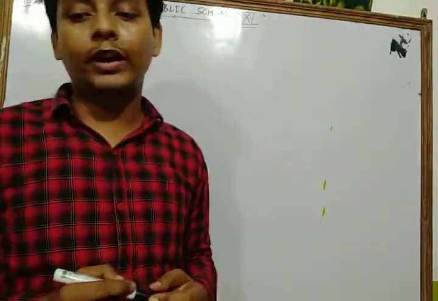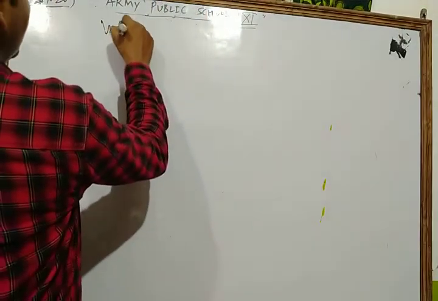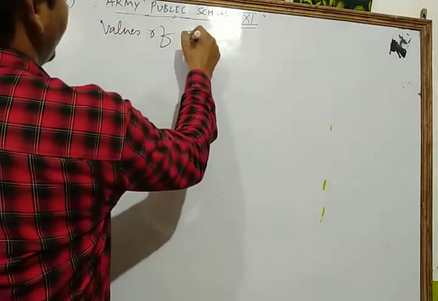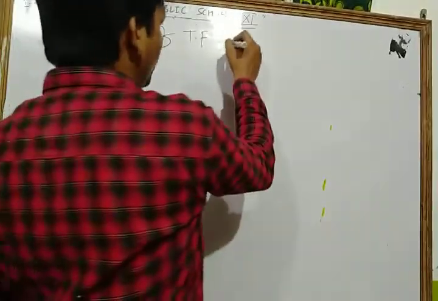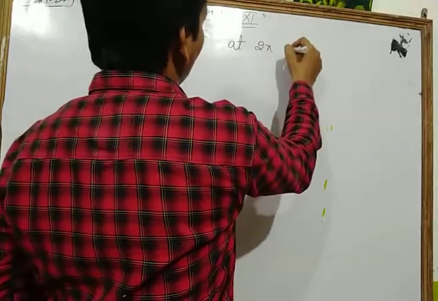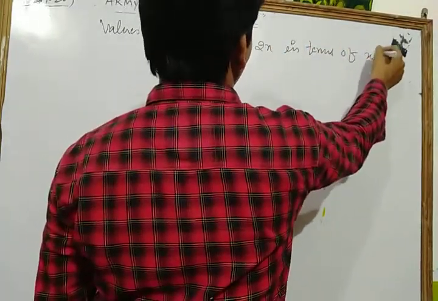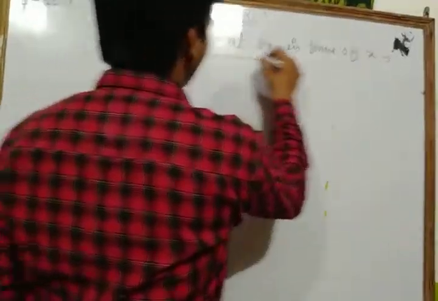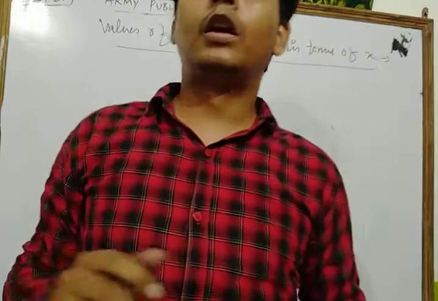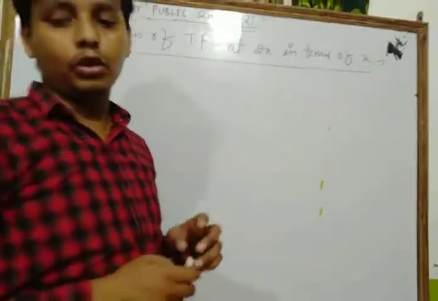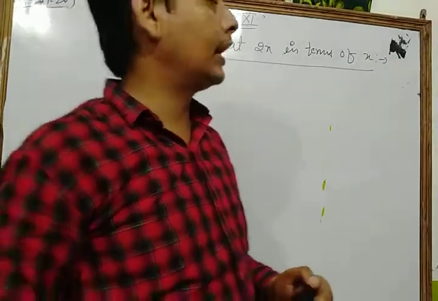Today we discuss the values of trigonometric functions at 2x in terms of x. Okay, today we discuss some trigonometric functions at 2x in terms of the value at x.